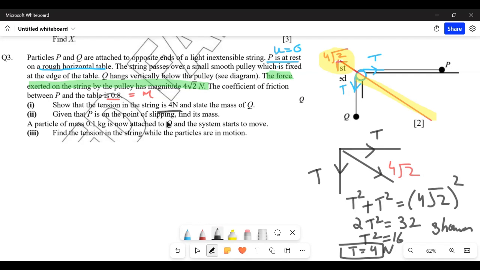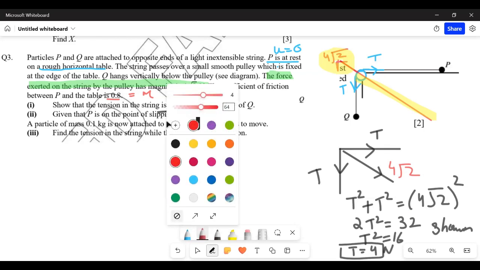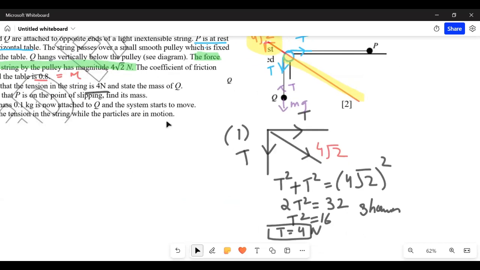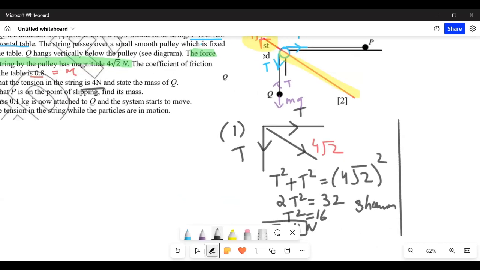Now we have to state the mass of Q. Upwards from Q there's tension. Downwards there's mg. So this was part 1, and continuing it, we know that at Q, tension is equal to mg.